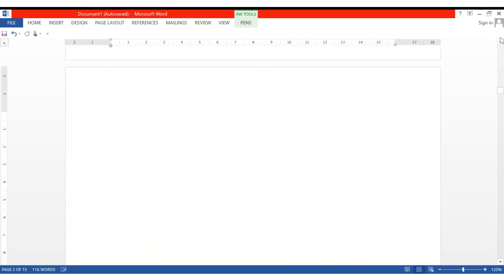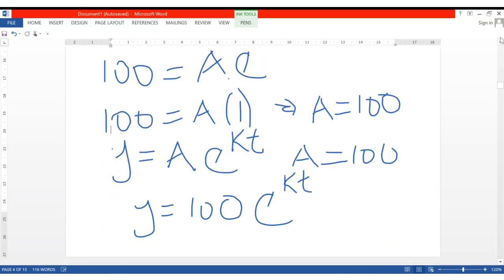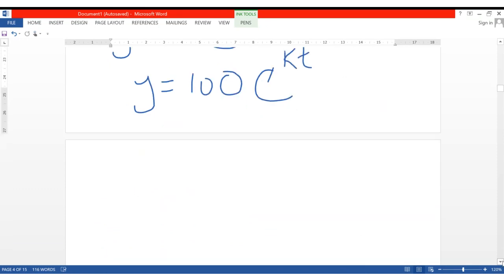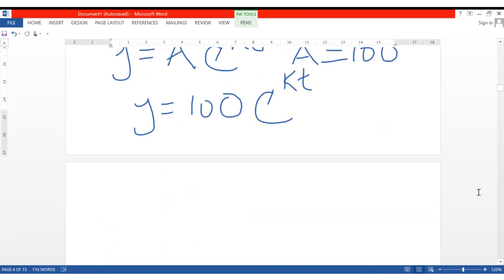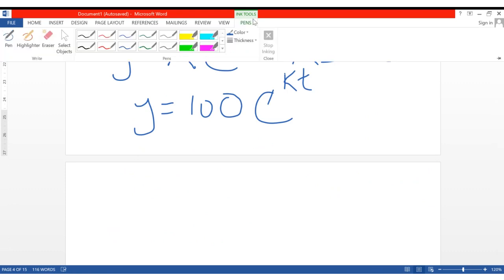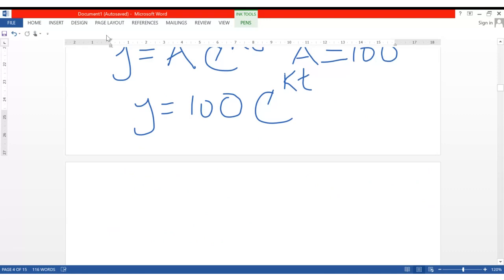Right, so we come here now. This is the new equation that I have: y is equal to 100 exponential kt. Now, the other condition you have been given is that at t equals 6, he measures 450 bacteria.